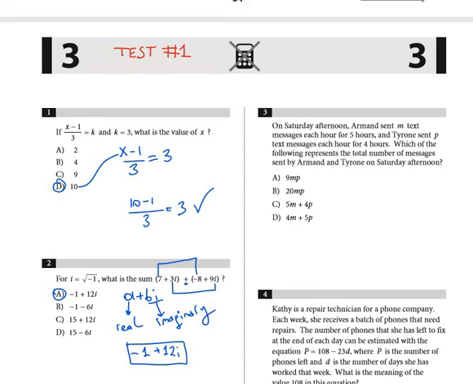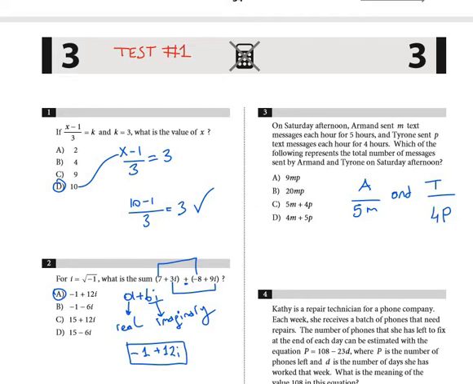Question number 3. On Saturday afternoon, Armand sent m text messages each hour for 5 hours, and Tyron sent p text messages each hour for 4 hours.